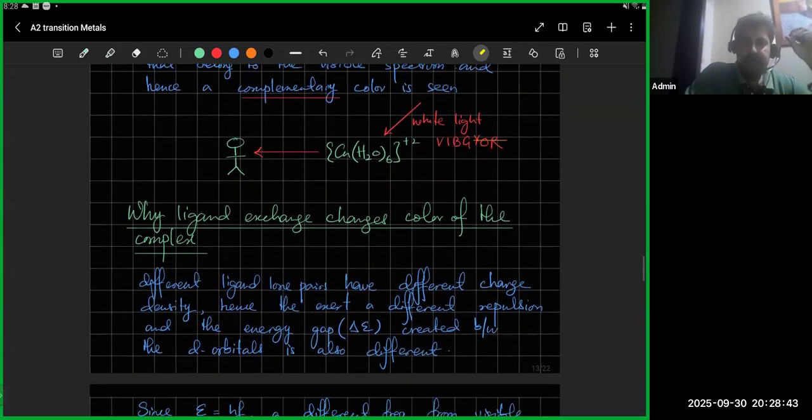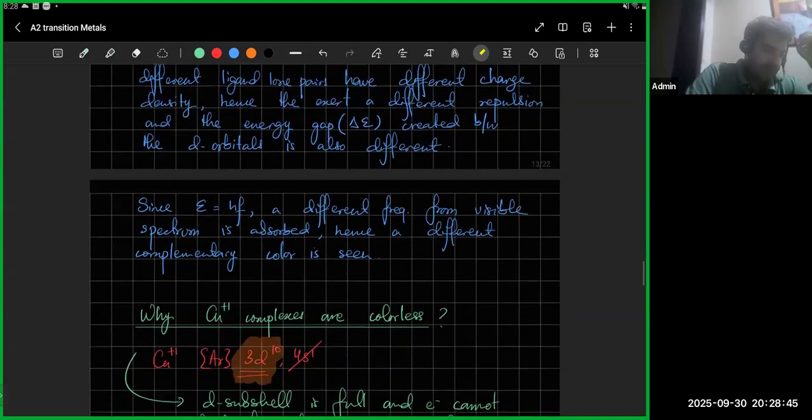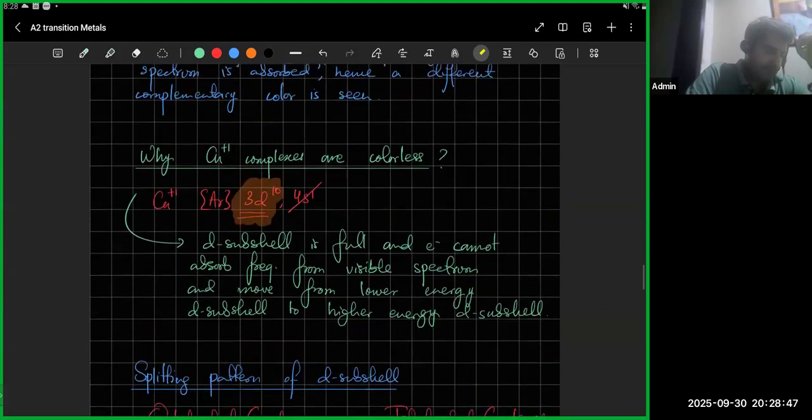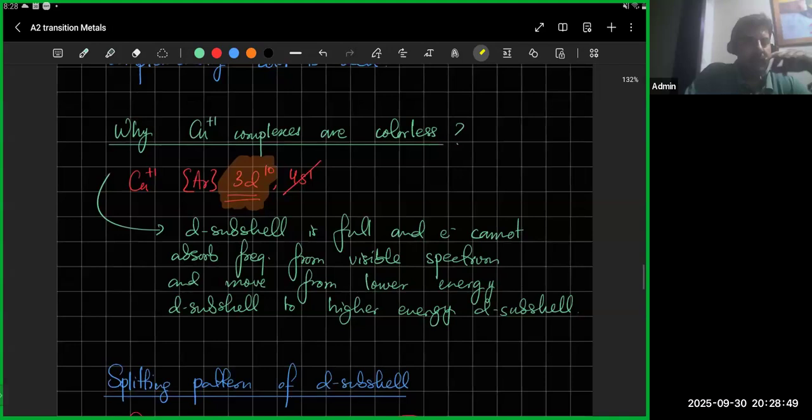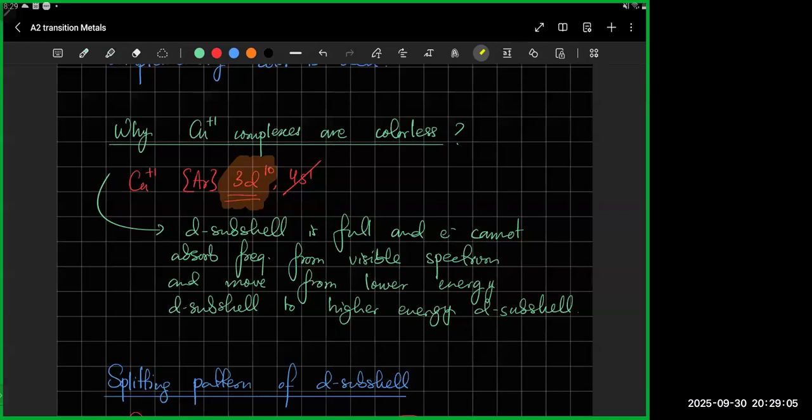So what happens in the copper 1 salts is, the question is, why are copper 1 salts colorless? The reason they are colorless is that the d-subshell is completely full in copper +1.